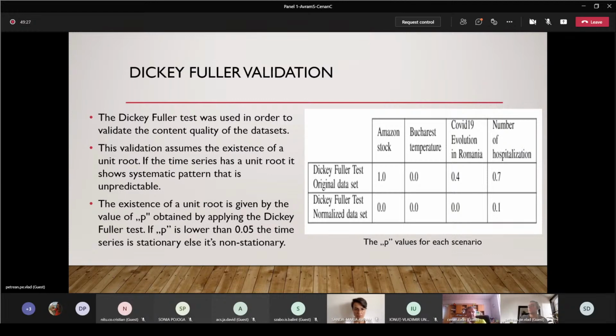The Dickey-Fuller test will give us the p-value, and if this p-value is lower than 0.05, then the time series is stationary. If not, then it's non-stationary. Here in the right part of the slide, there are the original Dickey-Fuller test results, and in some cases we need to normalize the data sets.